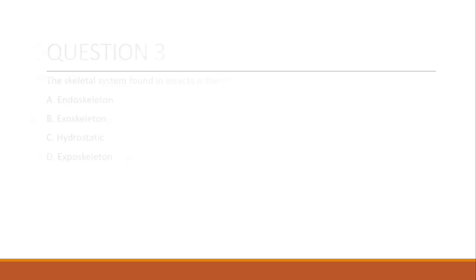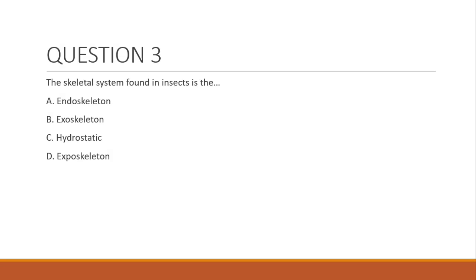Question 3. The skeletal system found in insects is the dash. We've got A, endoskeleton, B, exoskeleton, C, hydrostatic skeleton, and D, exoskeleton.